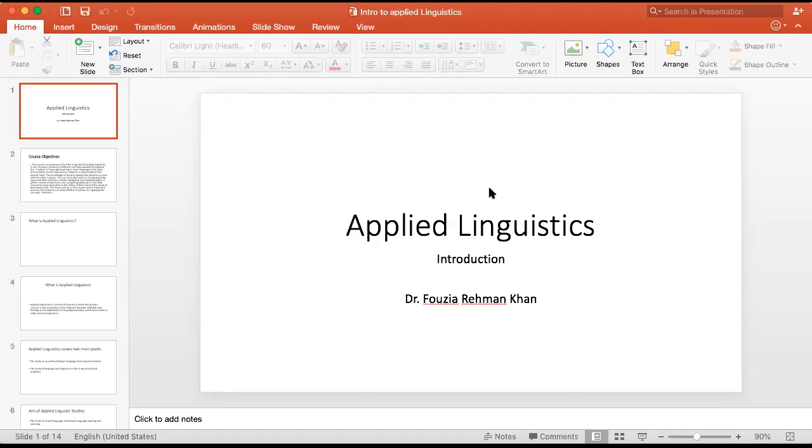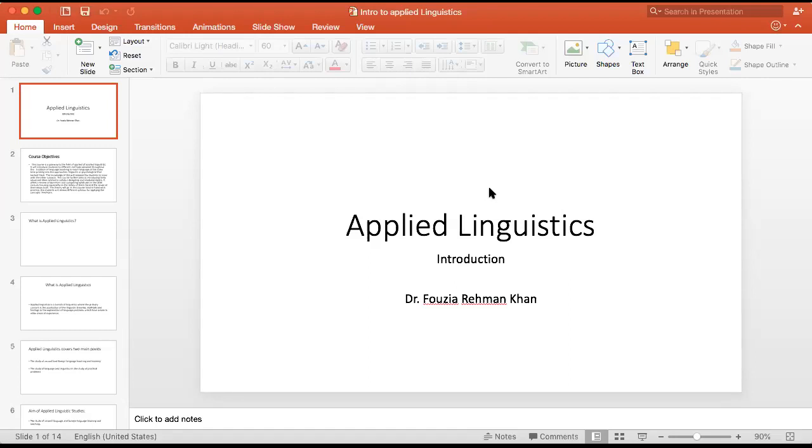So applied linguistics has to do with the practical application of language. By practical application, we mean that whatever research takes place comes with a solution to the practical problems related to language.